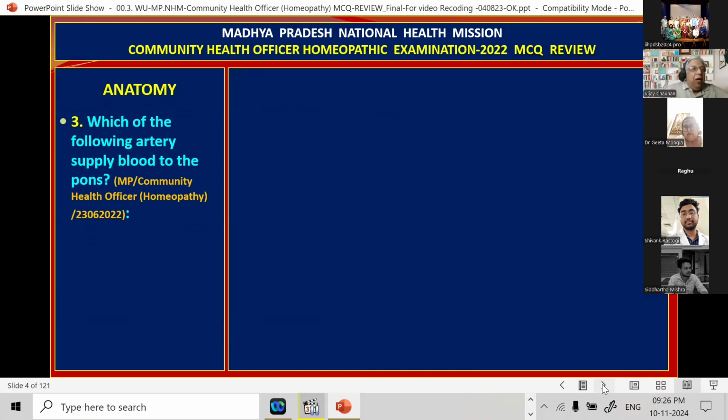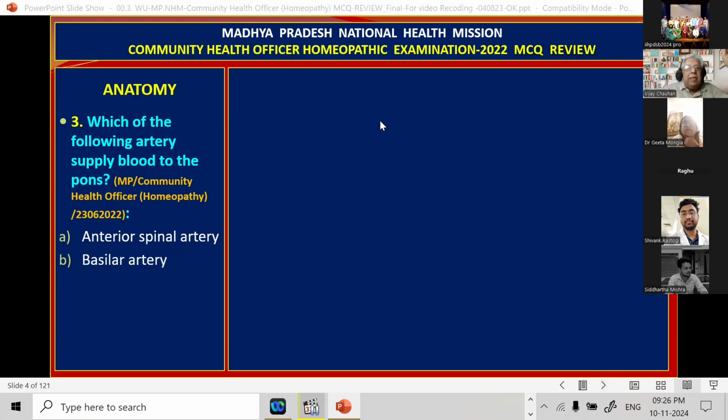Which of the following arteries supplies blood to the pons? Option A, anterior spinal artery. Option B, basilar artery.